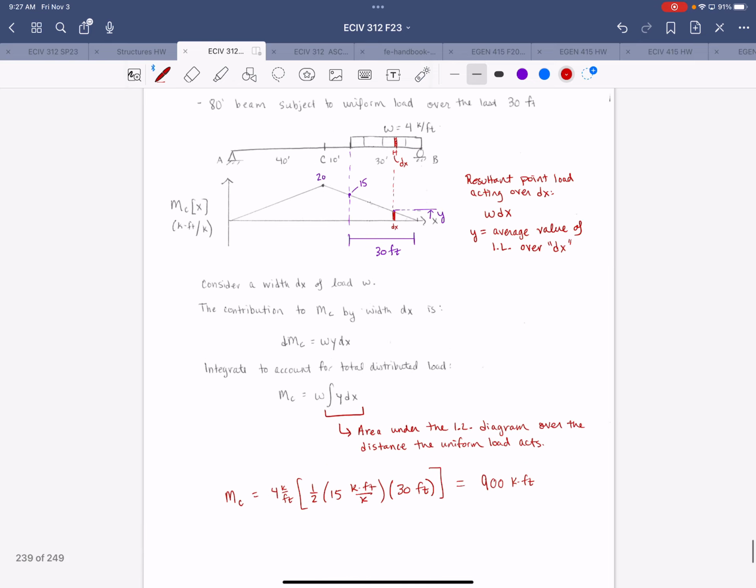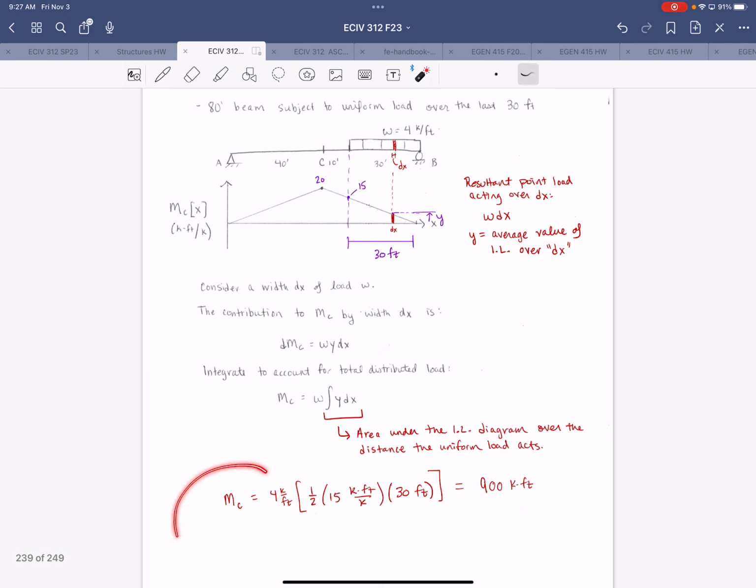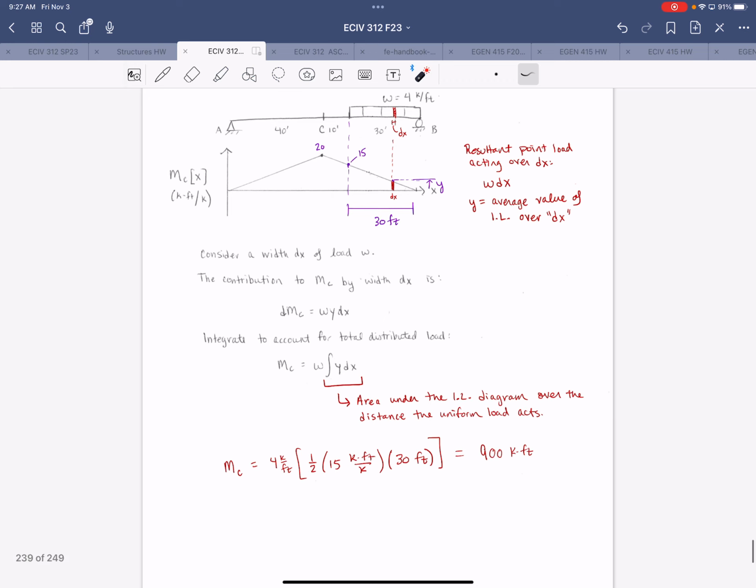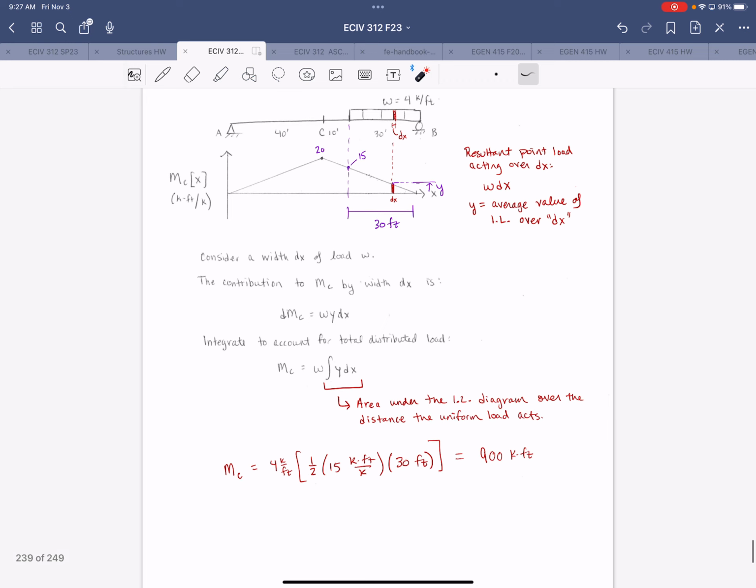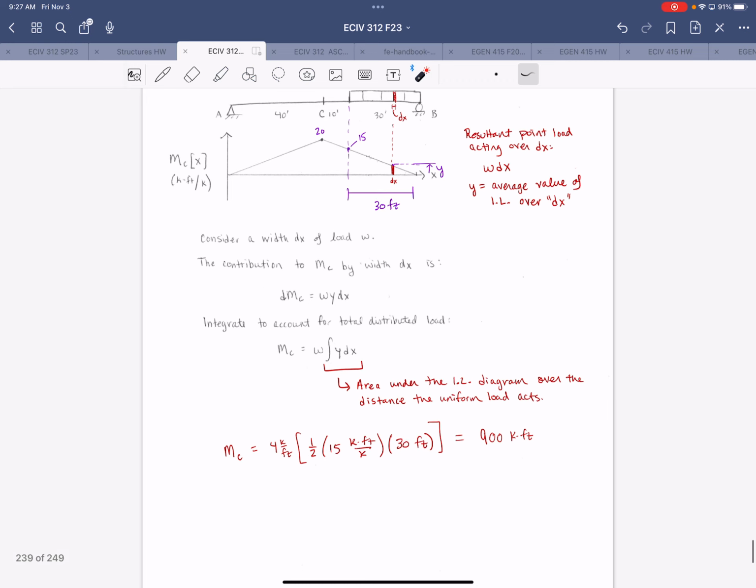So just like that, we were able to calculate the moment at C due to this uniform load without doing any statics, because we had the influence line already, the statics is built into that. That's the nice thing about influence lines. And next week, spoiler, the Mueller-Breslau principle won't use statics either.